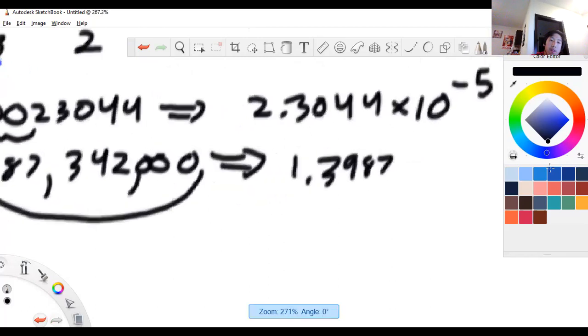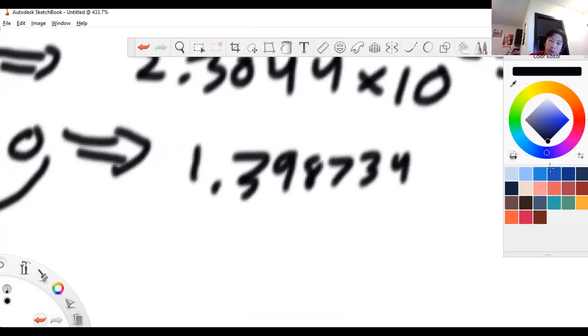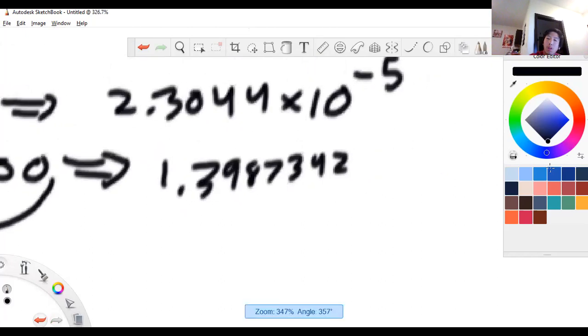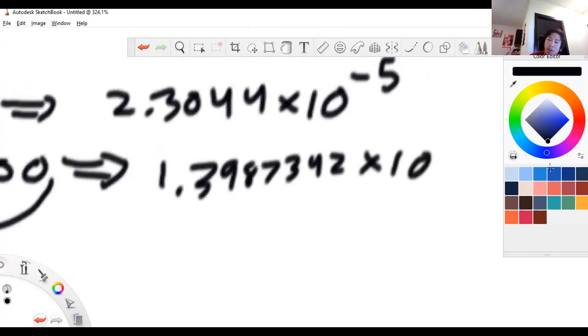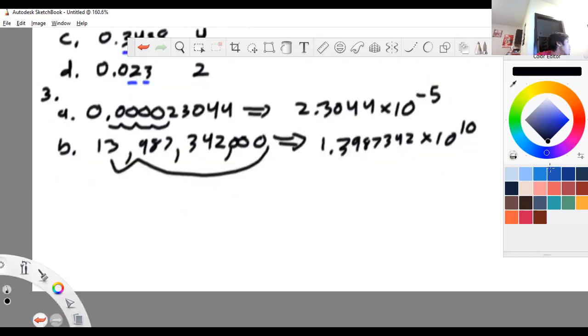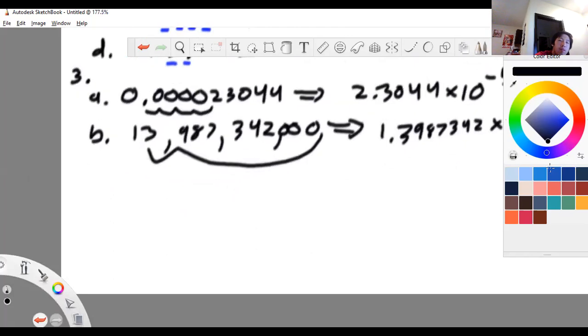Yes, we have to write all these out. And we're not adding, multiplying, subtracting or dividing, so we don't have to worry about sig figs here.